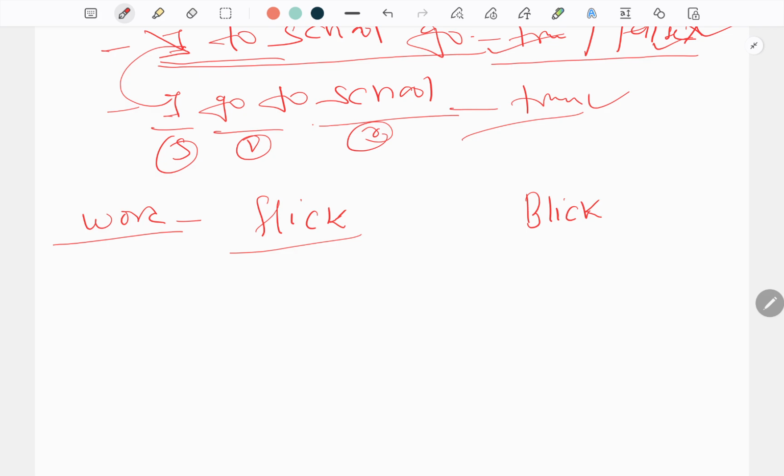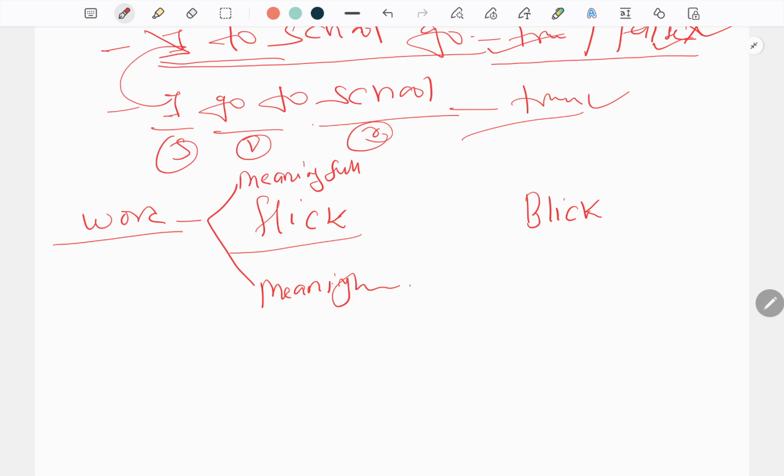Here we have two conditions for a word, a phrase, a sentence. Either this will be meaningful, or this will be meaningless.